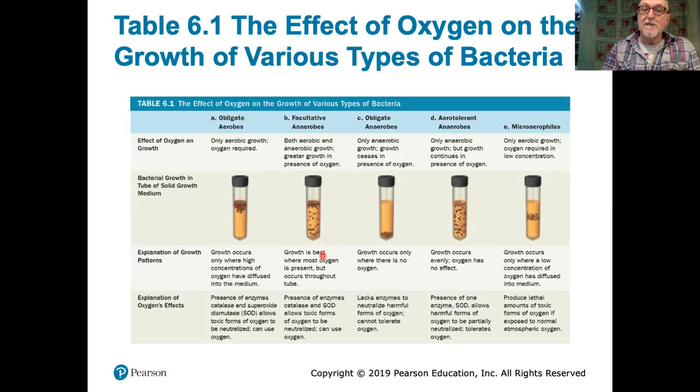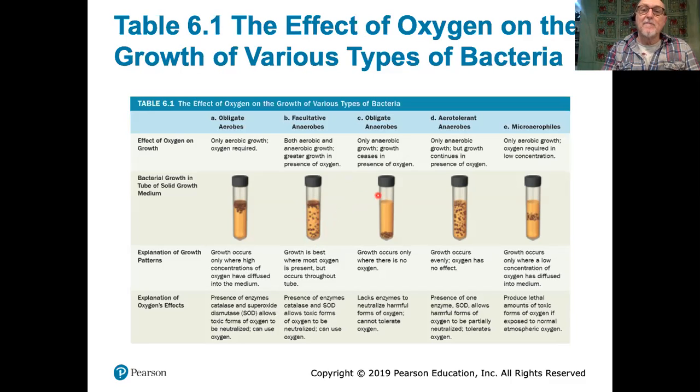So when we grow them in a tube like this, we'll see they grow throughout the tube, but they grow best at the top because aerobic growth is much more efficient. Metabolically, it's much more efficient. It produces far more ATP than glycolysis alone. So they will grow, and that's very useful for them because it allows them to penetrate into anaerobic habitats as well as occupy aerobic habitats.